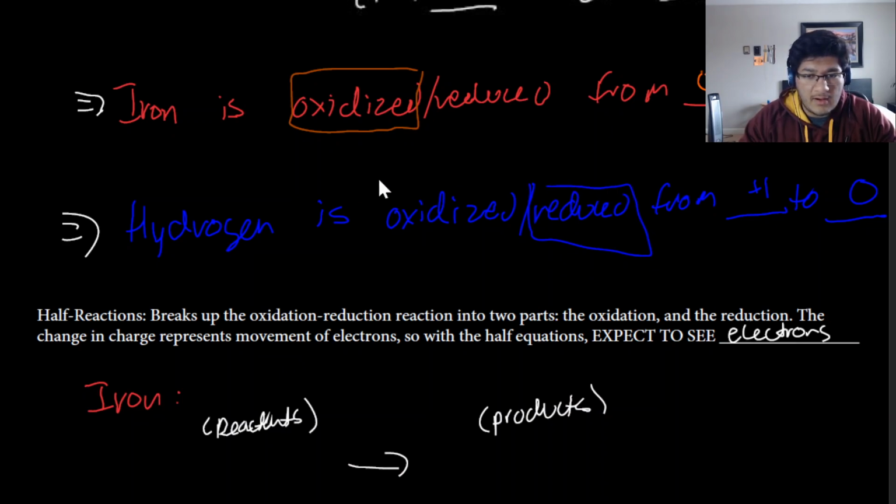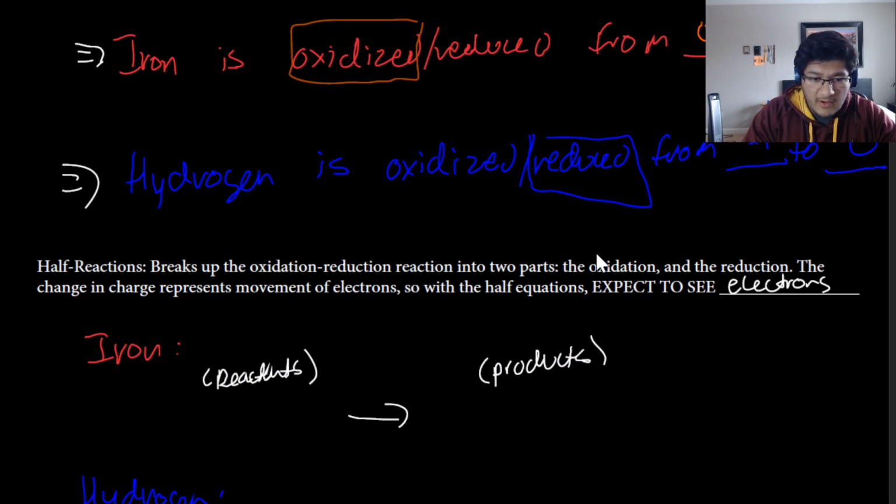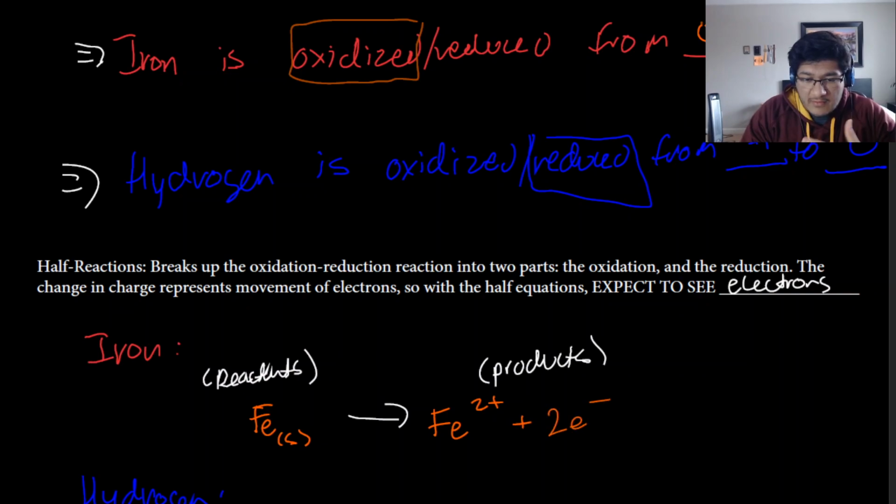So for the iron, we're going from iron solid to iron 2 plus. And since it has lost 2 electrons, we have these 2 electrons hanging out over here. And that represents that they're separate now, right? Iron and the electrons are separate as products.